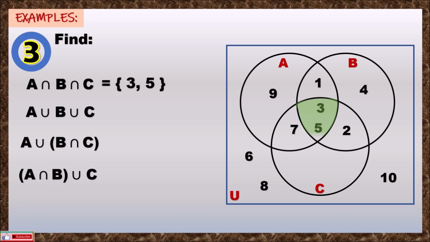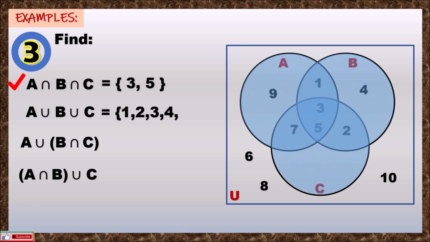Next, A union B union C. So its elements are the elements of A, B, and C if we put them all together. So we have 1, 2, 3, 4, 5, 7, and 9.